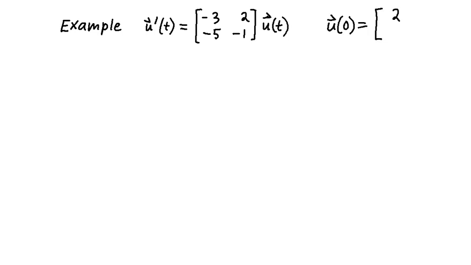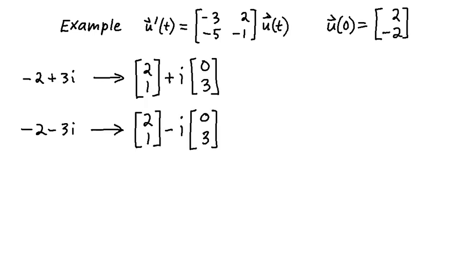Consider the following initial value problem. It's not difficult to determine that the eigenvalues of the matrix featured in the given problem are -2 plus 3i and -2 minus 3i. With these eigenvalues in hand, we can use the approaches we've already studied to find the corresponding eigenvectors.